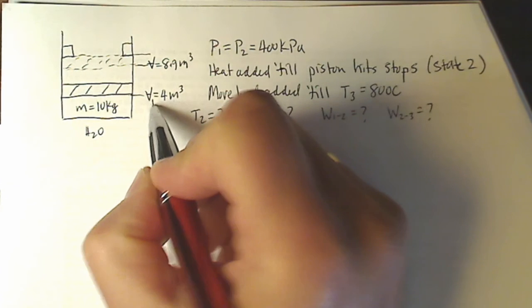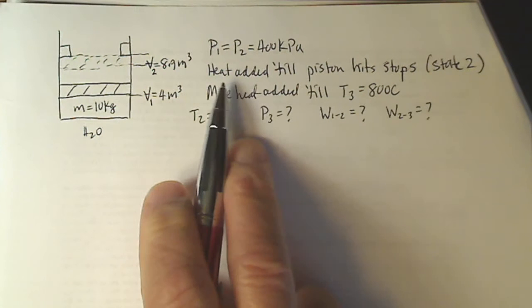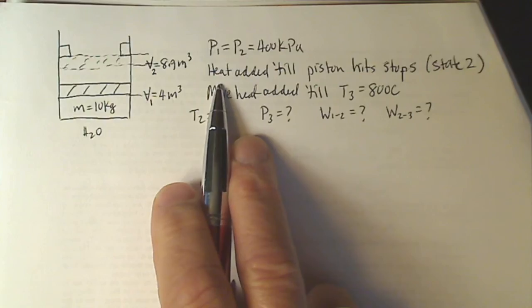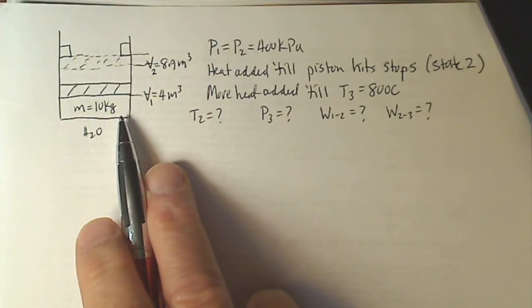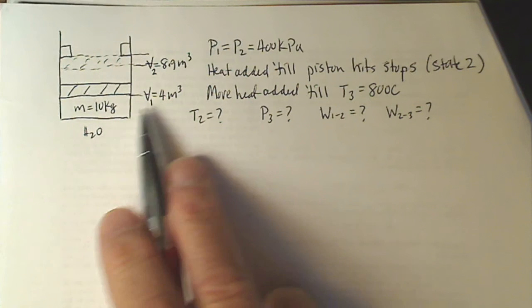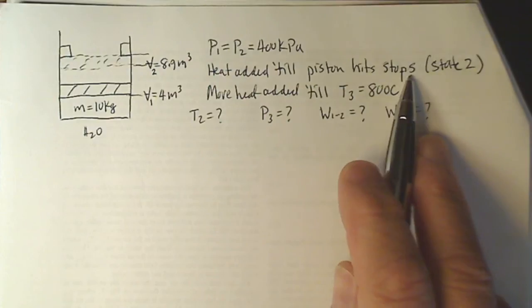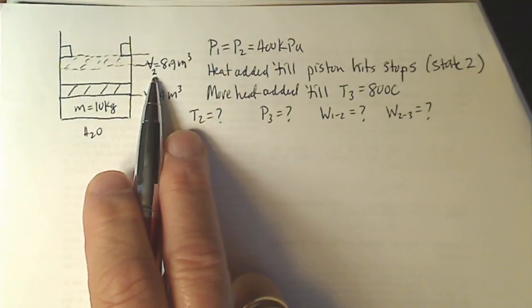I guess I can denote this V1 and V2 because it's stated as part of the problem that we're going to add heat to this system, which will cause the water to vaporize and to raise the piston, and that we're going to continue to add heat until the piston hits the stops, and that's going to be state 2.